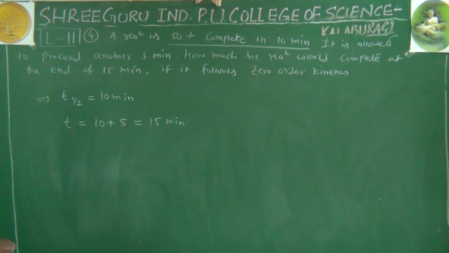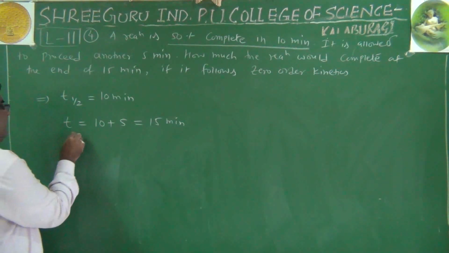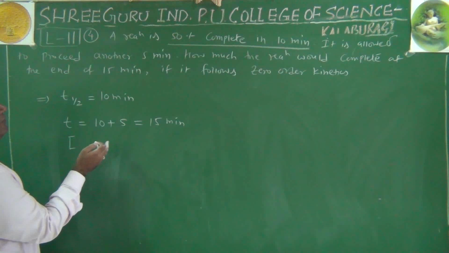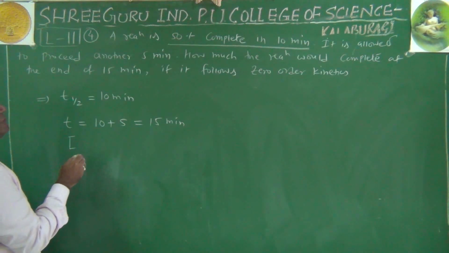How much of the reaction would complete, means how much of the concentration will remain at the end of 15 minutes if it follows zero order kinetics.